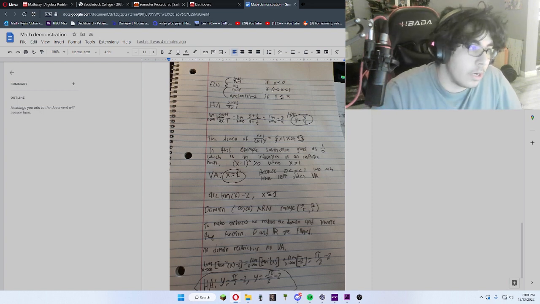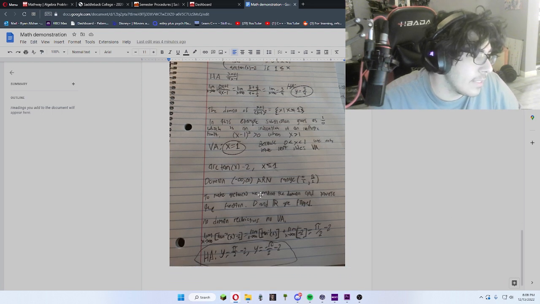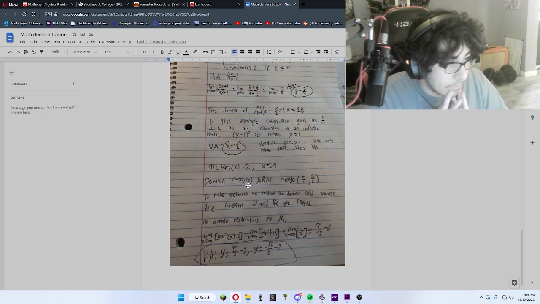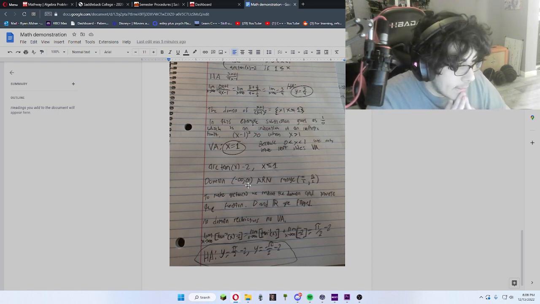For the final one, arctangent of x minus 2. Basically, I found the domain and the range of that function, and you have to restrict the domain and inverse the function, and so then I flip the domain and range.